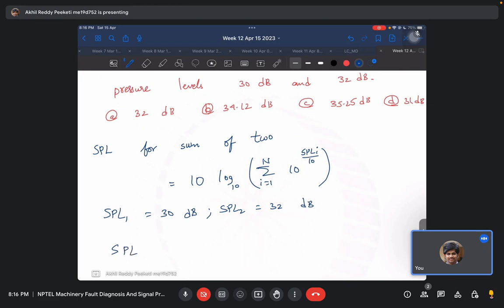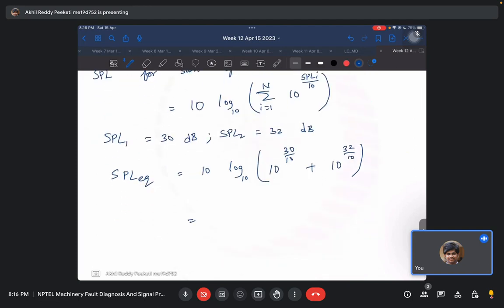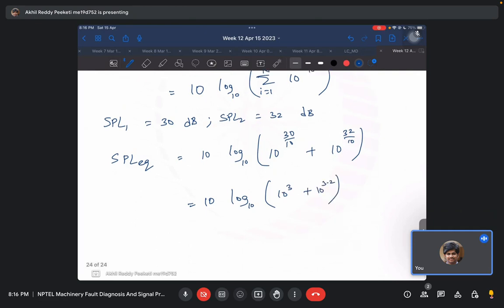So the equivalent SPL is 10 log 10 of 10 power 30 by 10 plus 10 power 32 by 10. So 10 power 3 plus 10 power 3.2. So it's almost 2585.